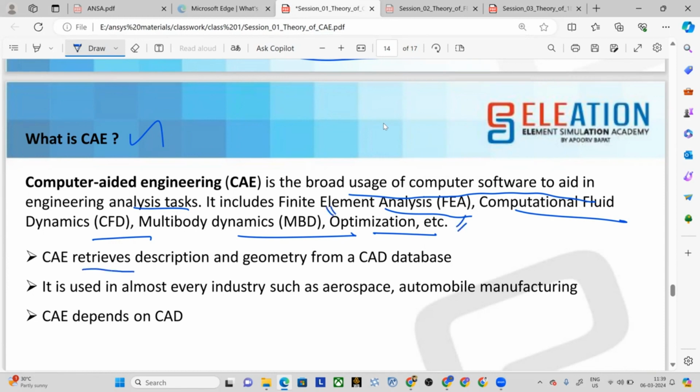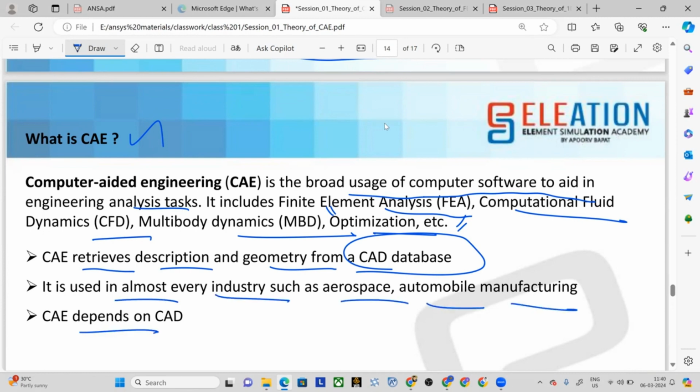CAE retrieves the description and geometry from the CAD database. As I already said, CAD is the one department which has to give the component to the CAE. It is used in almost every industry such as aerospace and automobile manufacturing, and CAE depends on CAD.